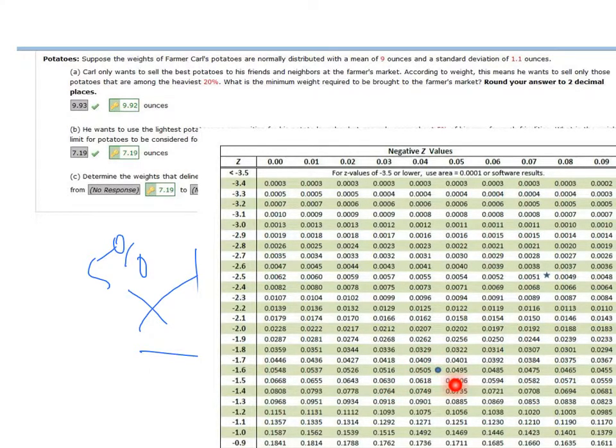So it's right in between here. There's a z-score of negative 1.6. Let's see, negative 1.6. I guess we'll go with the lower value, so 1.65.